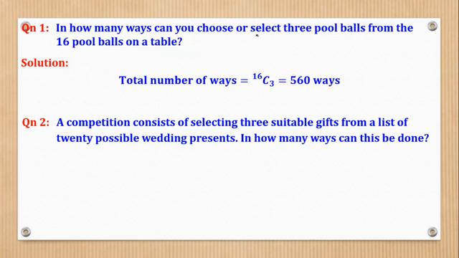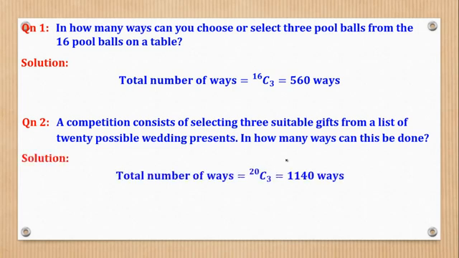As simple as that. Question 2: a competition consists of selecting 3 suitable gifts from a list of 20 possible wedding presents. In how many ways can this be done? The total is 20, so it will be 20 combination 3.